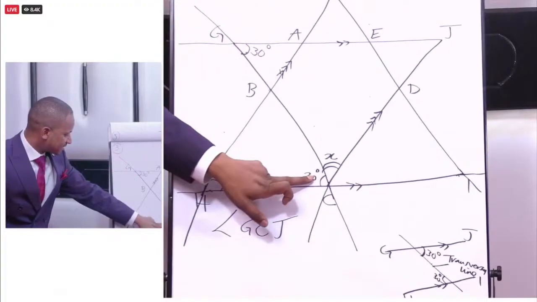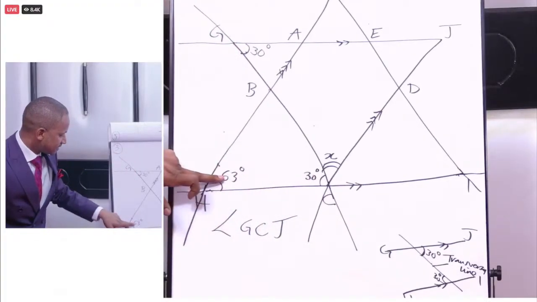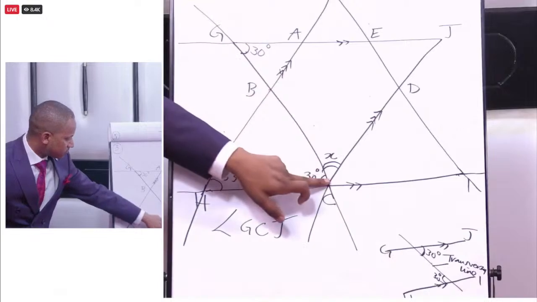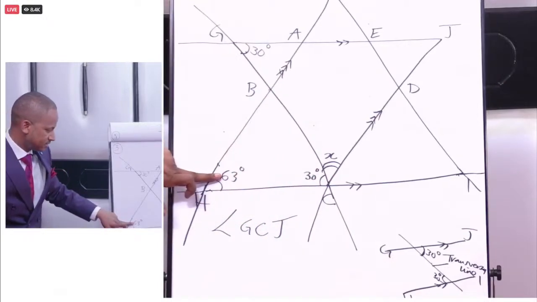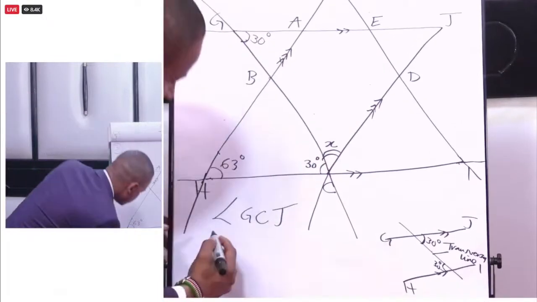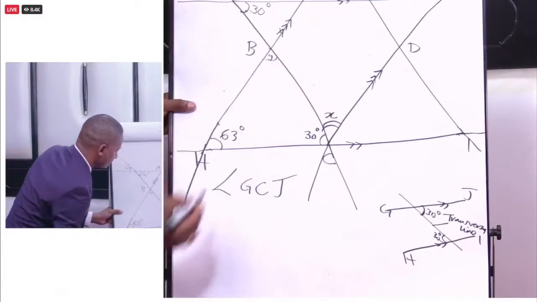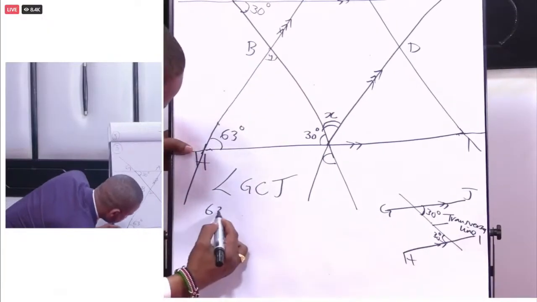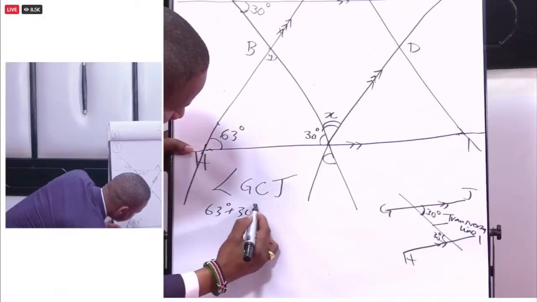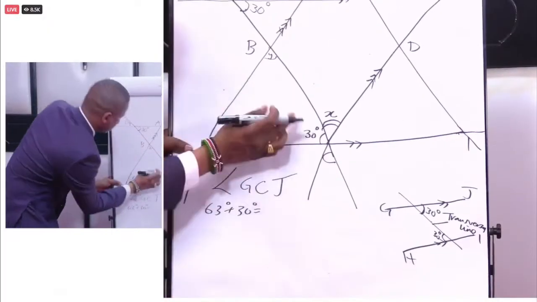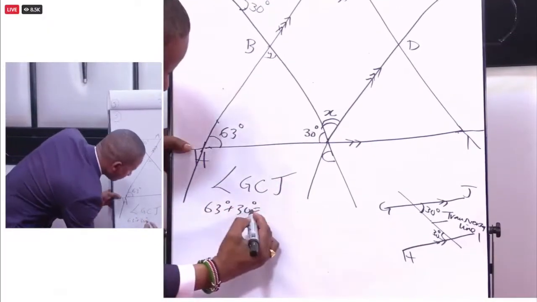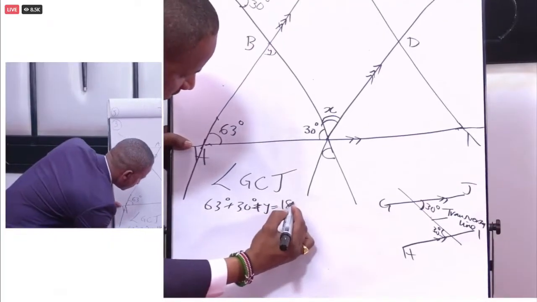And if this is 30 degrees and this is 63 degrees, angles in a triangle add up to 180 degrees. Therefore, angle Y: 63 plus 30 plus Y equals 180 degrees.